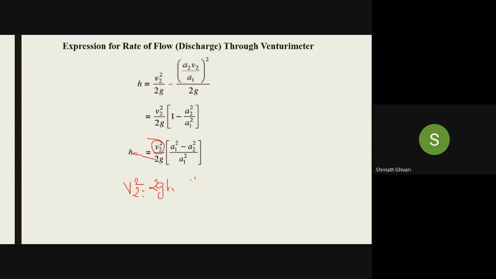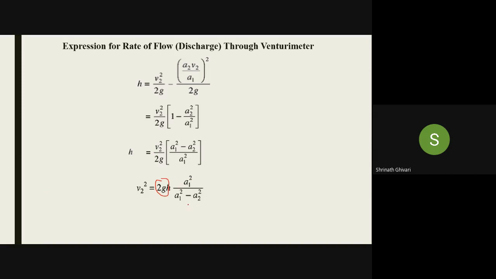Do you agree? A1 squared divided by A1 squared minus A2 squared. Is this right? Now you just check whether it is correct or not. So V2 squared equals 2gh into A1 squared by A1 squared minus A2 squared.